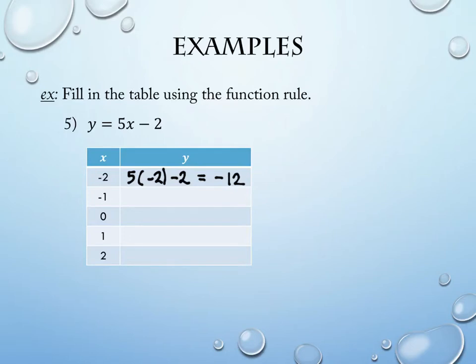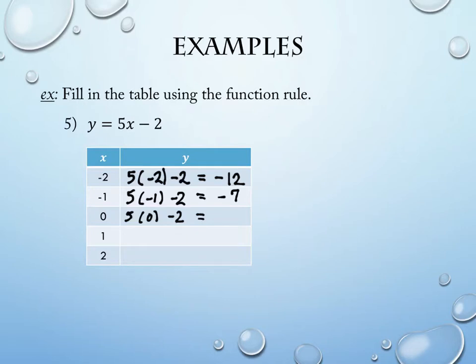Okay, we're going to go on to -1. 5 times -1 minus 2. So what is 5 times -1? -5 minus 2? -7 is right. Now we're going to do 5 times 0 minus 2. 5 times 0 is?